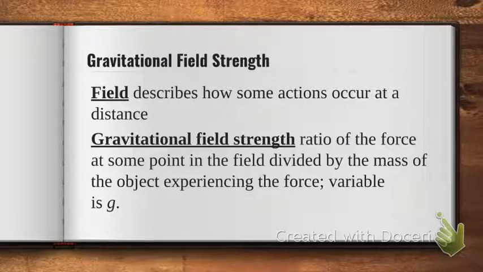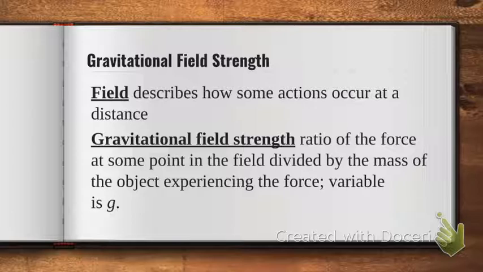A regular telecommunications satellite is in the Earth's gravitational field, so its behaviors are based on where it is. We are in the Earth's gravitational field, so we have behaviors based on our location, i.e. we fall. So a field describes how some types of actions occur at a distance from the center.